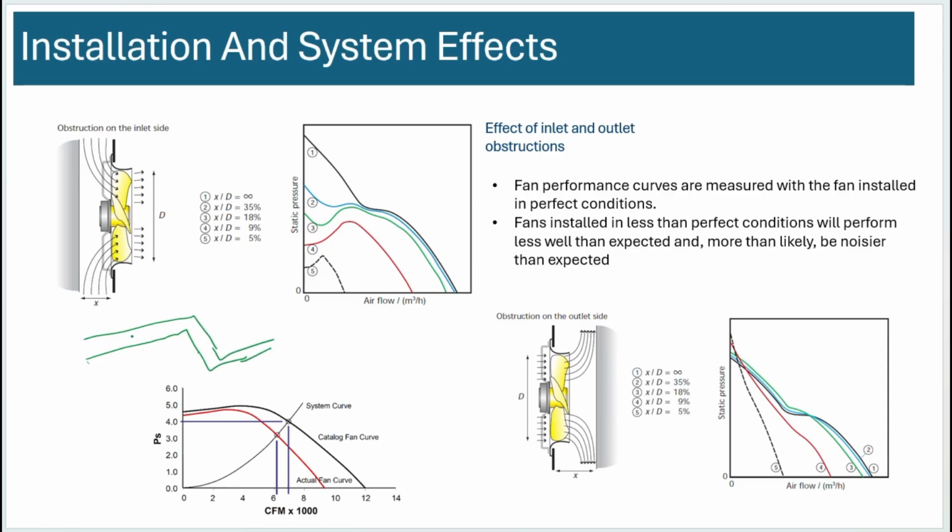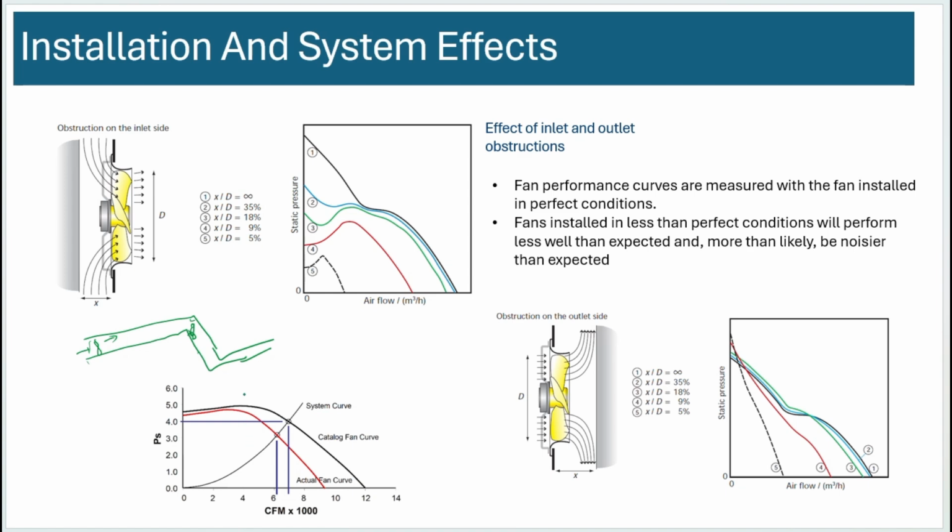If you install the fan here, maybe you'll be able to achieve the exact intersection point between the fan curve and the system curve. But what if you installed it in a really bad way, right next to this wall? Then you will not be able to achieve the same characteristics.